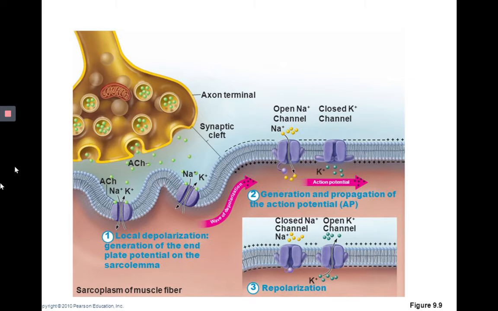We want this signal to travel from the local location where the neuromuscular junction is. We want it to travel along the rest of the sarcolemma. As it travels along the rest of the sarcolemma, essentially it's a traveling band of charged ions. It's going to cause other ion channels to open.